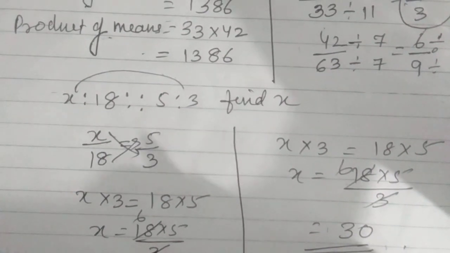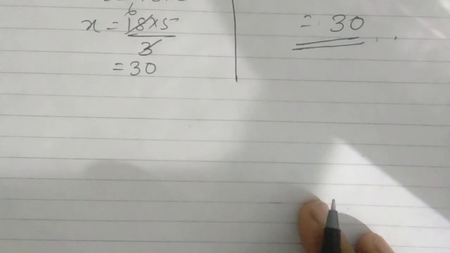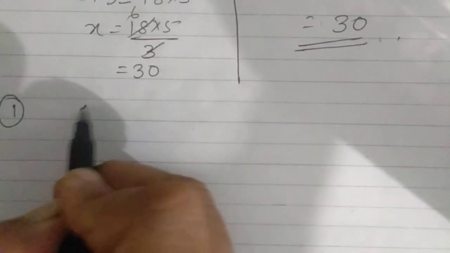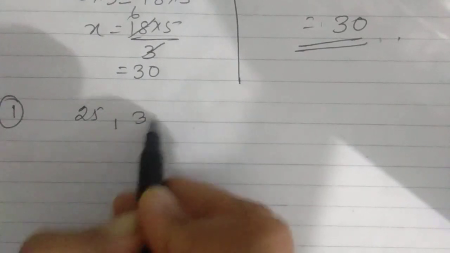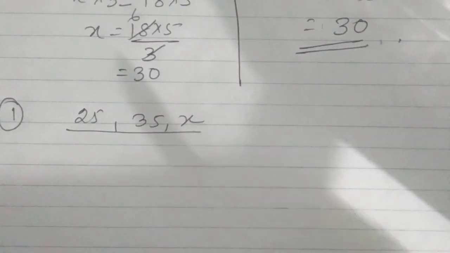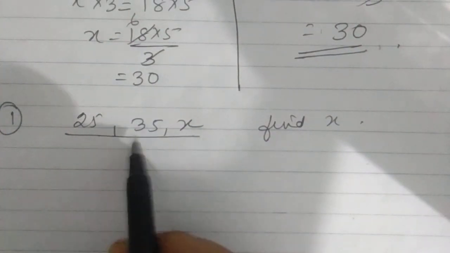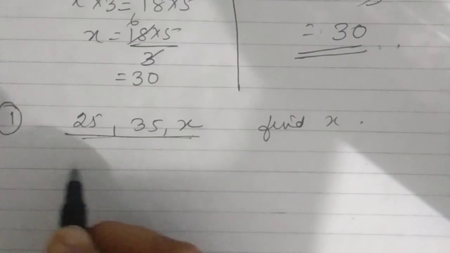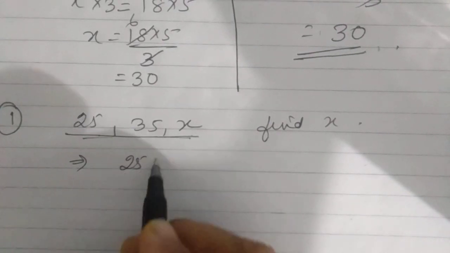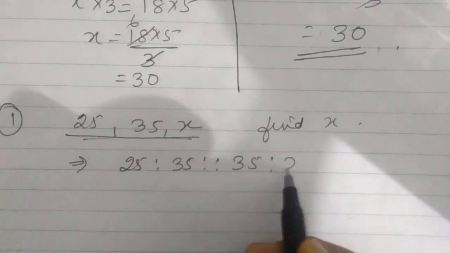Now one more question. Another type of question we can discuss. Say continued proportion: if 25, 35 and x are in continued proportion, find the value of x. So my question is to find x. So students, if these three terms are in continued proportion, this implies 25 ratio 35 is proportional to 35 ratio x.